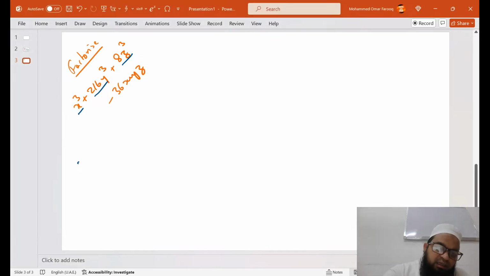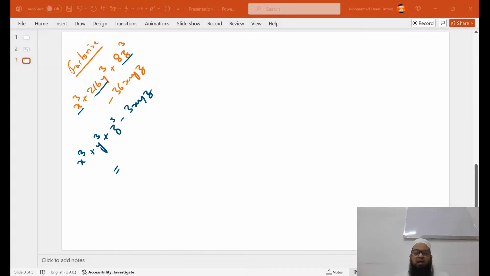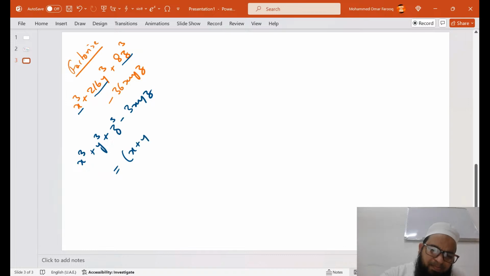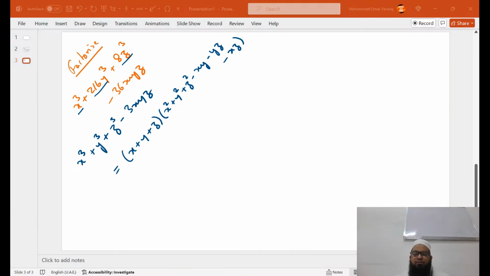The identity is x cube plus y cube plus z cube minus 3xyz can be written as x plus y plus z multiplied by x square plus y square plus z square minus xy minus yz minus xz. Understood, my dear students?